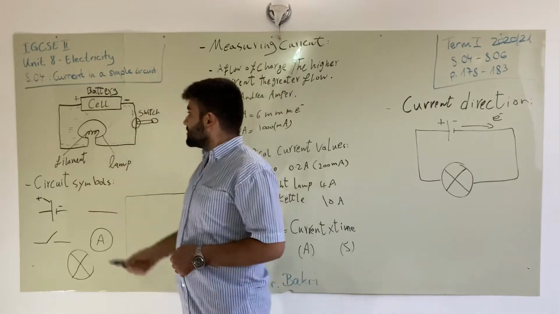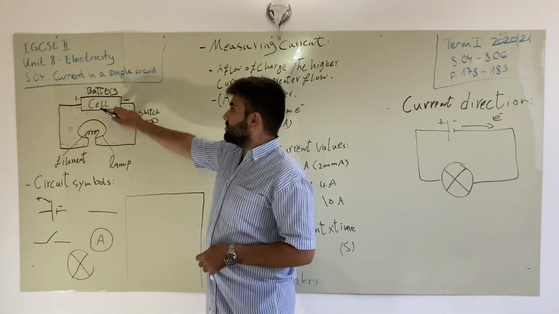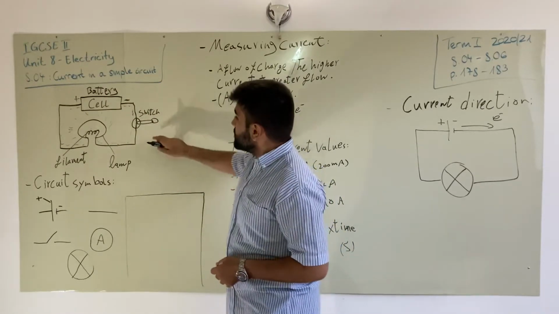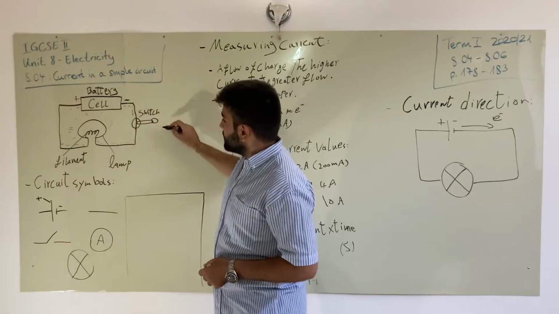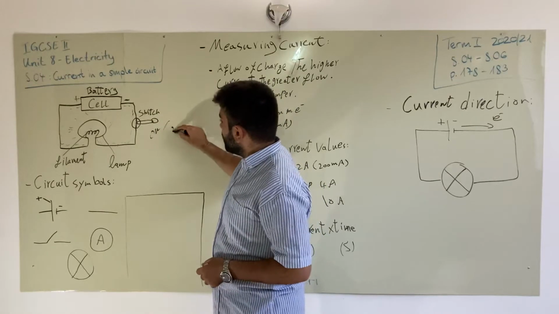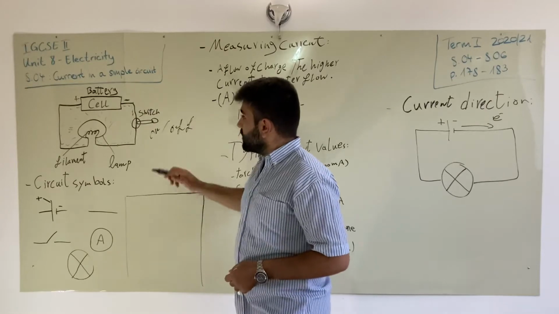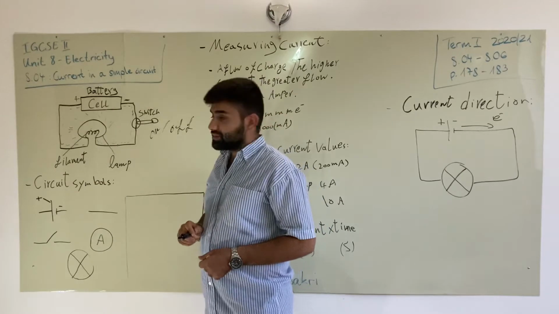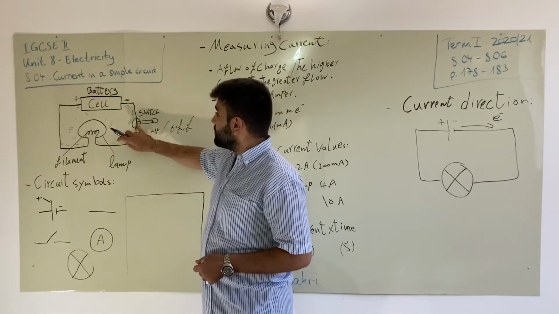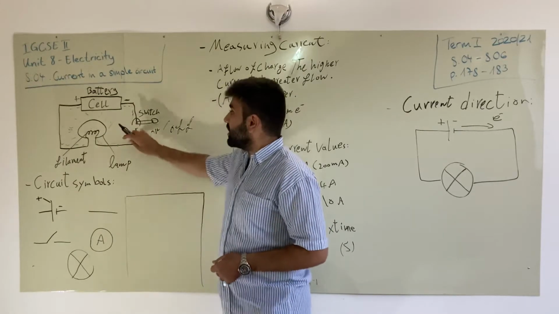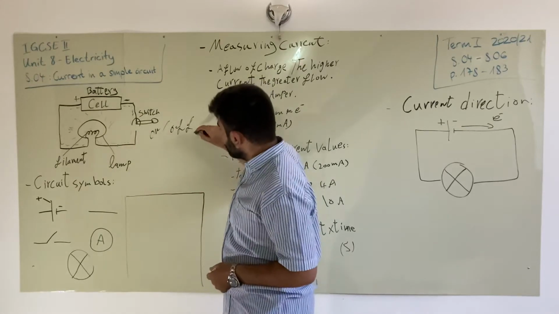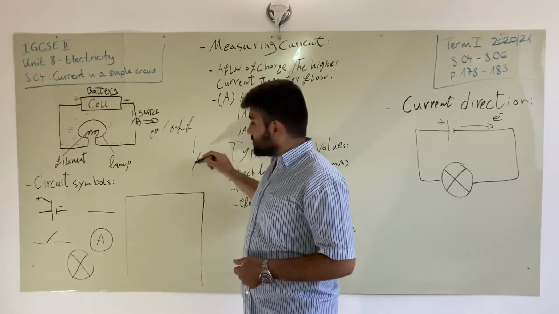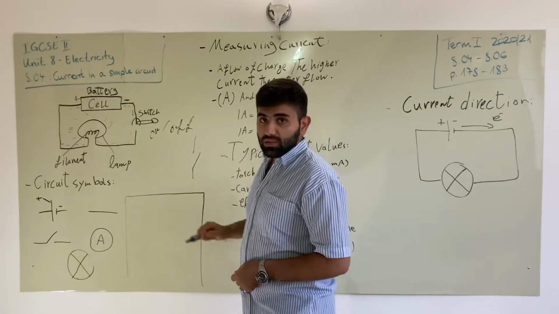So how am I going to turn it off? I could remove the cell so there are no electrons, but here we have the switch. The switch has two states, on or off. If it's on, it connects the wire. If it's off, it cuts the connecting wire. If you look closely at the switch symbol, it won't be connecting.